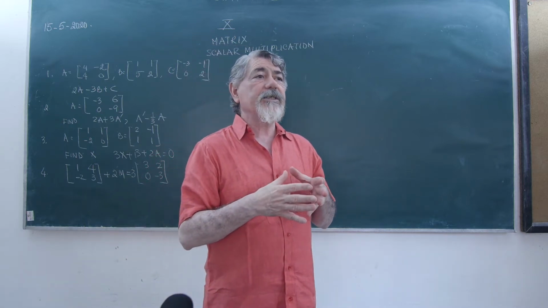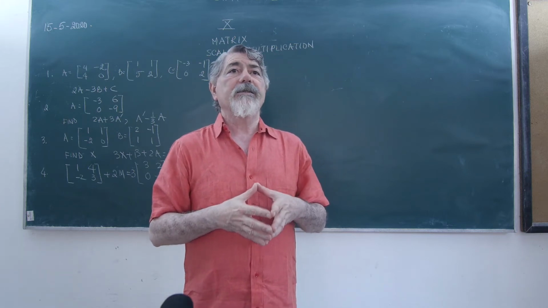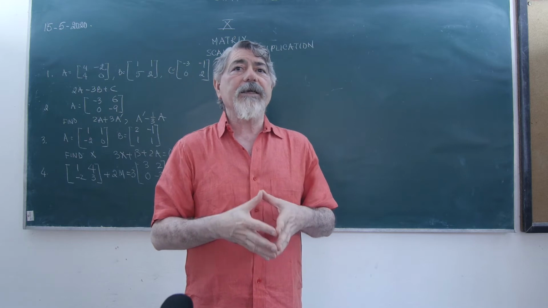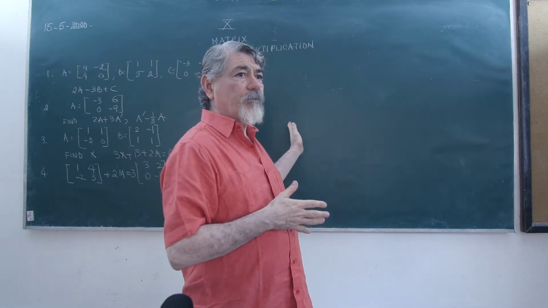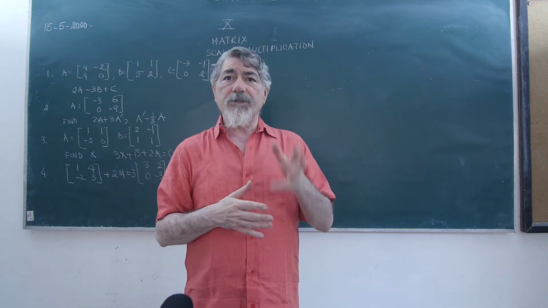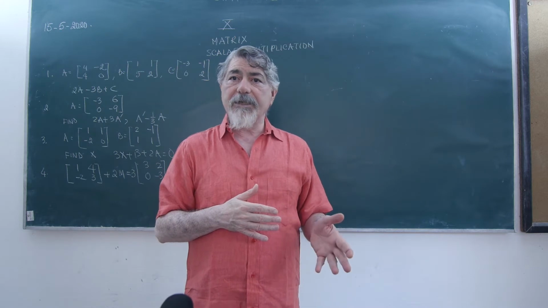Then we discussed a diagonal matrix. In the diagonal matrix, the diagonal elements, the principal diagonal, which starts from the top left to the bottom right, are non-zero, and the rest of the numbers are zero. That was a diagonal matrix.